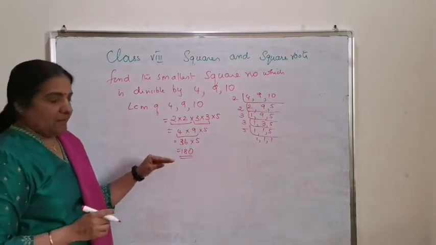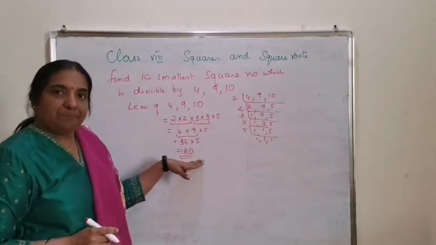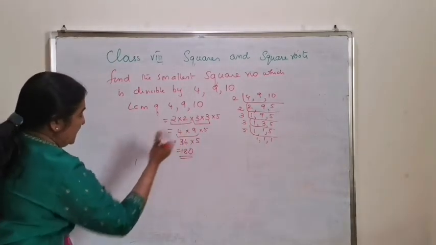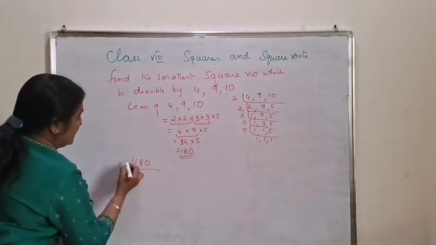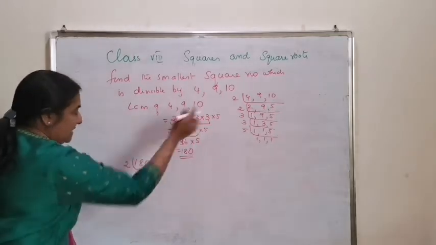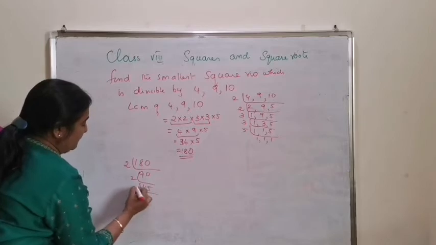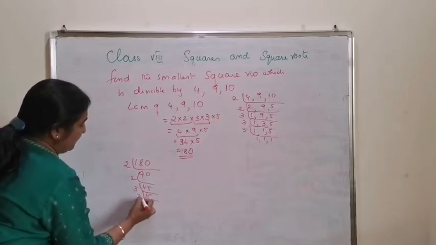Now the next step is to find the prime factors. The prime factors of 180: 180 by 2 is 90, by 2 is 45, by 3 is 15.